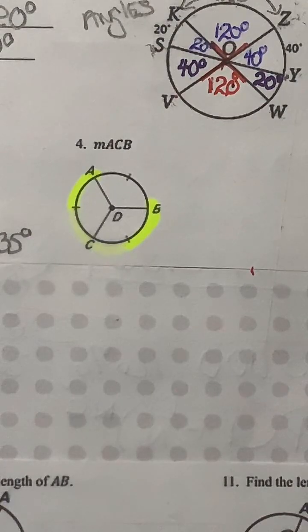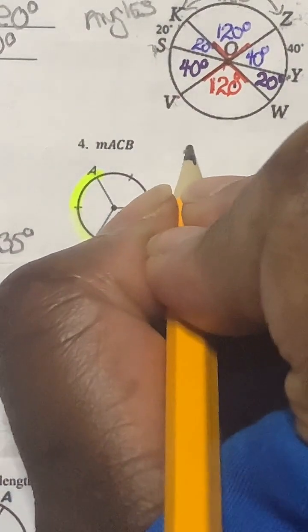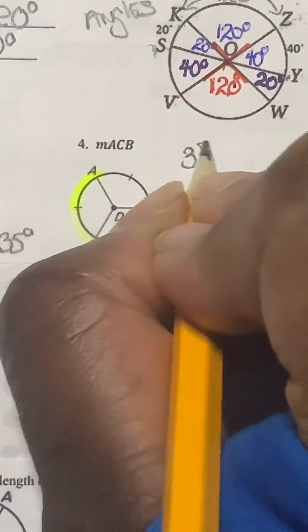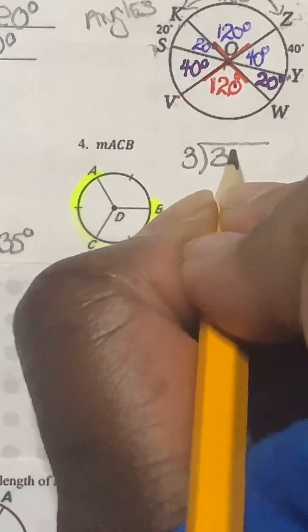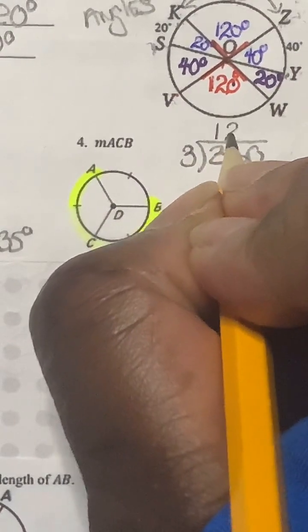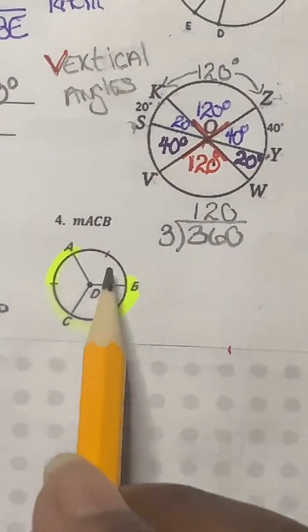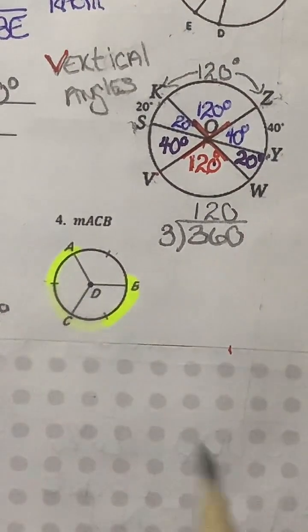Okay, 240s. Awesome. Because if I divided my entire circle, which is 360, by 3, I'm going to get 120. But that's how much each of the sections are.